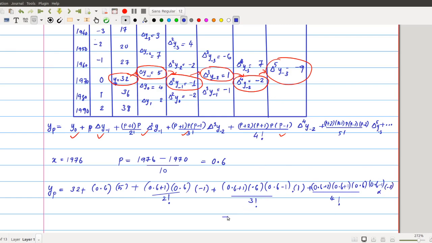Okay, plus the last term, that is 0.6 plus 2, 0.6 plus 1, 0.6, then 0.6 minus 1, 0.6 minus 2 divided by 5 factorial times delta raised to 5 y minus 3, so that is this number, that is minus 9.